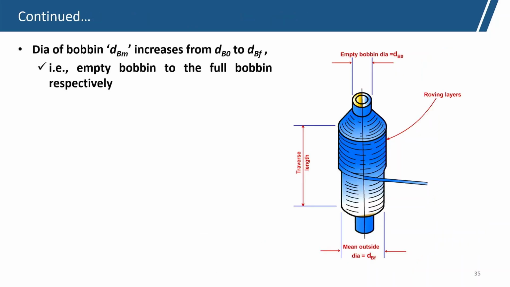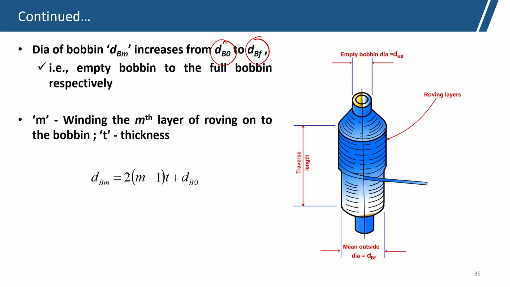Now, the diameter of bobbin dBm increases from dB0 to dBf, that is, from the initial bare bobbin diameter to the final bobbin diameter, empty bobbin to the full bobbin respectively, and m is the winding of the mth layer of roving on the bobbin of thickness T. This is the relationship.